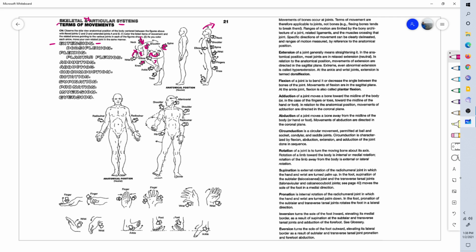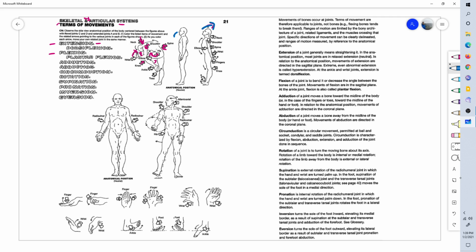So flexing is usually bringing two surfaces closer together. And extension, so that's flexion. And extension is the opposite of flexion. See, flexion was bringing everything in and together.